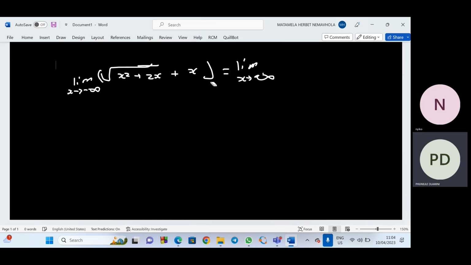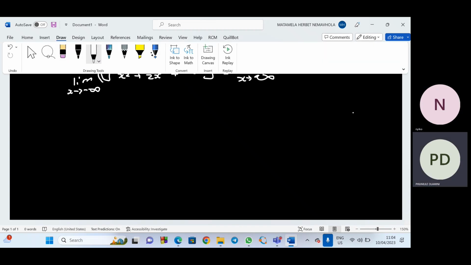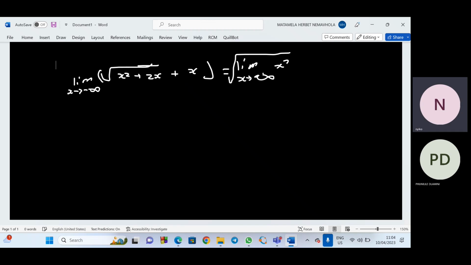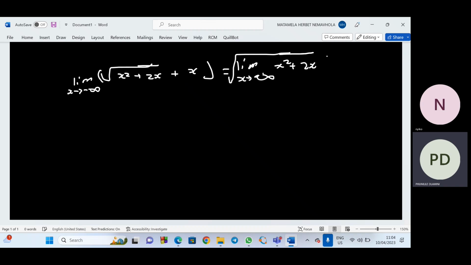Let me just erase it. Then we're going to use this method. It's not really complicated, but we're going to put it inside the square root. This is a square root of x squared plus 2x, plus again limit when x approaches infinity of x. Okay?